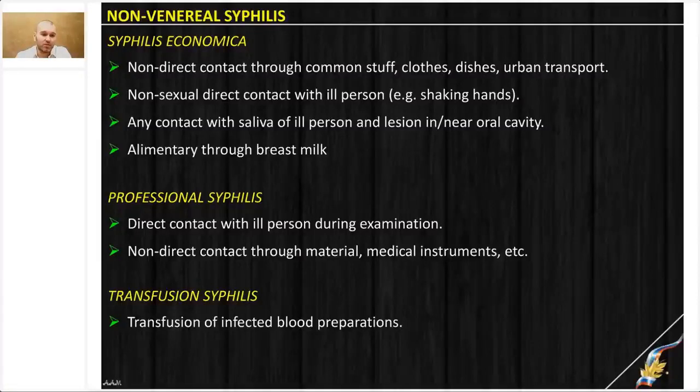In very rare cases it was described when even common transport such as buses or trams acted as the place of infection. When a person, especially in the secondary stage, is visiting public transport, they can touch some door handle or some seats and other things, and the next person who has very quick contact can be infected, because bacteria can survive for some seconds or even minutes, and that material can be transmitted to other people.